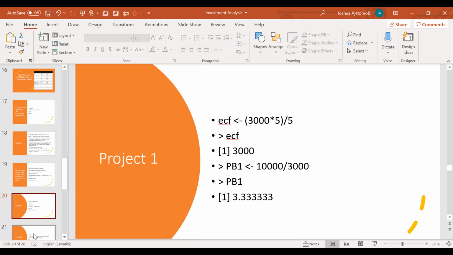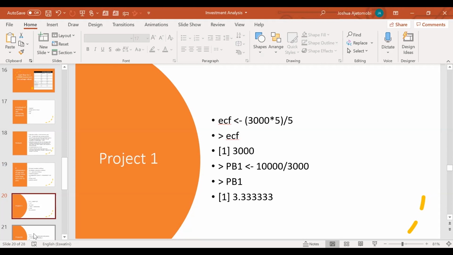Then our amount of investment is 10,000. So you now say 10,000 divided by 3,000, which gives us the payback period for the first investment to be 3.3. I hope you understand how to use R now to solve it, particularly when the cash flow is the same for all the years.